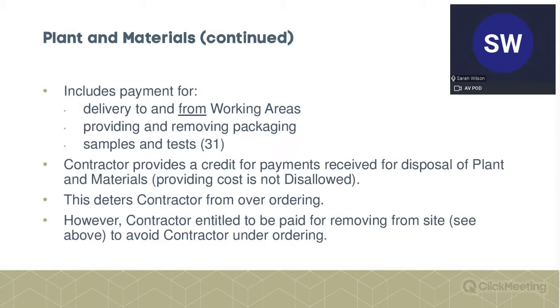And the aim of this, part of the checks and balances, is to prevent or deter, as it says there, the contract over ordering, but to hopefully mean that the contractor's not squeezed so much that it's forced into under ordering, which is why we have the final bullet point that allows the contractor to be paid for removing plant and materials from site, which haven't been used.